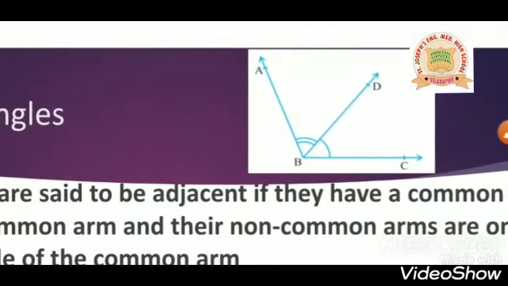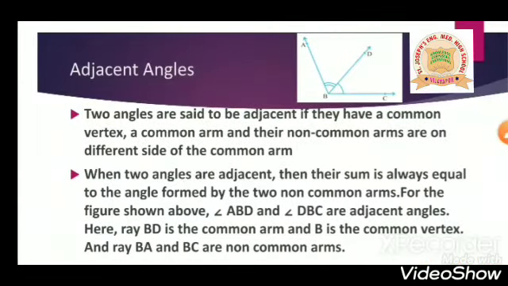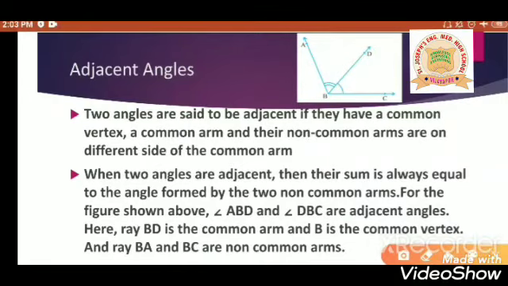When two angles are adjacent, their sum is always equal to the angle formed by the two non-common arms. So ABD and DBC are adjacent angles. If you add them both, you are going to get angle ABC.